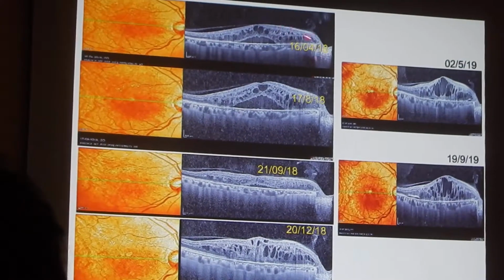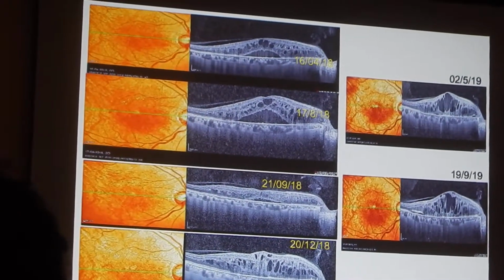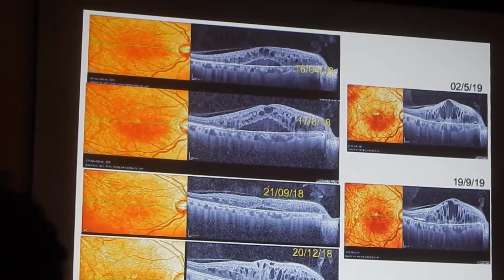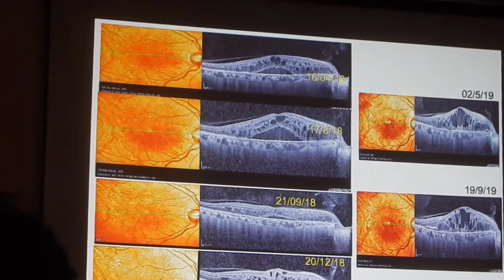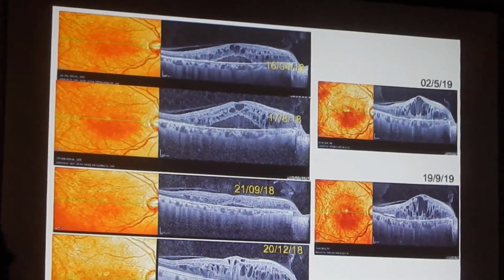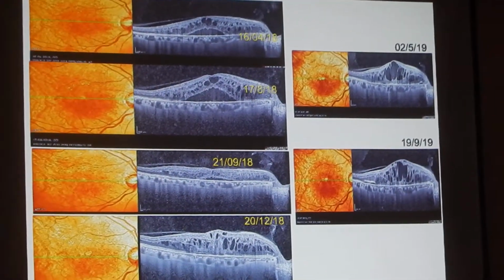What has happened from April 18 till September 19: sometimes there is a response, sometimes marginal response. Then there is again rebound edema, and then you are frustrated. The patient also feels that he is taking the treatment as far as the ophthalmologist suggests.